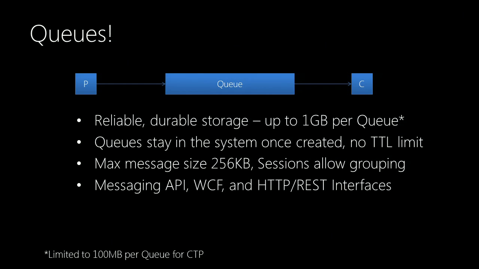So for the messaging, we have 3 APIs: WCF, the REST interfaces, and the messaging API. I'm going to be talking mostly about the messaging API today. And the HTTP REST interface, for all those who have been following for some longer time, is for most cases, or most code that we've seen, compatible with the existing message buffer.